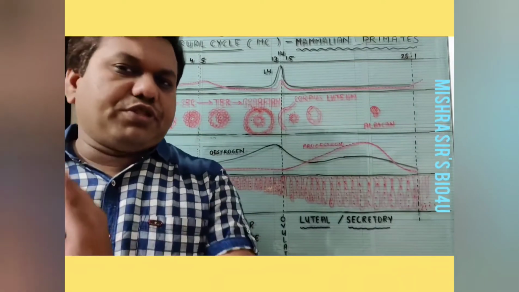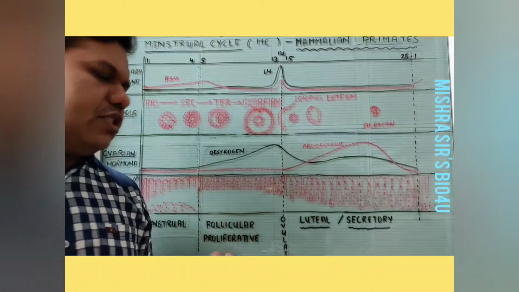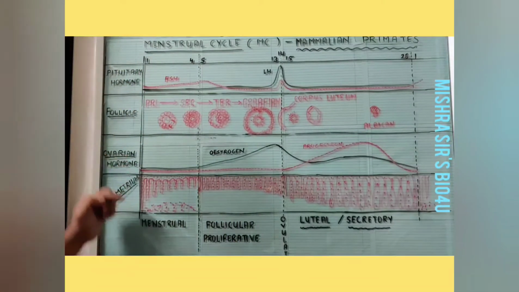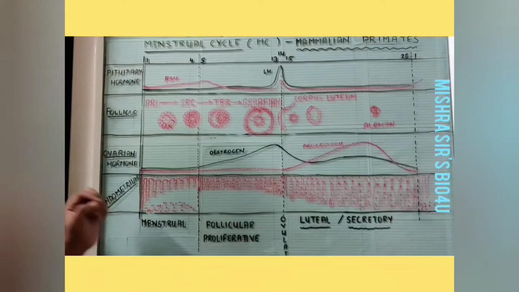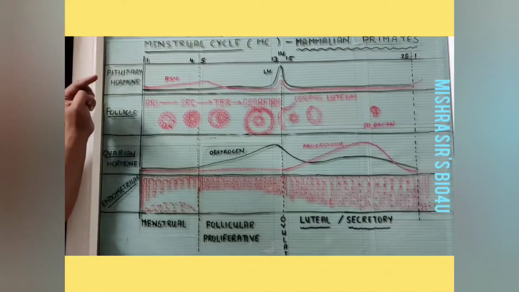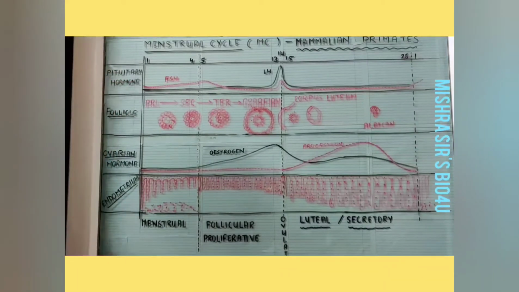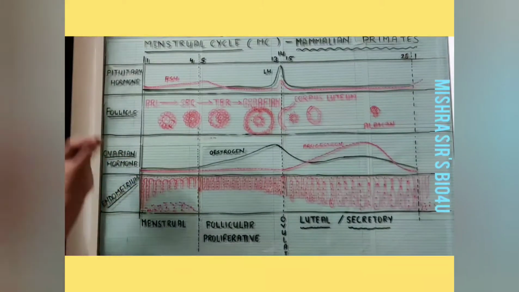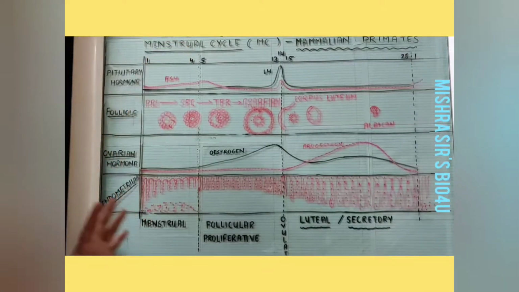Low levels of estrogen and progesterone cause breaking of the endometrium and blood starts coming out through the vagina. It also stimulates the pituitary to release FSH. Remember which hormones are low, and remember which hormone is starting.